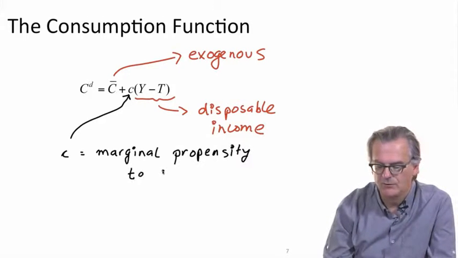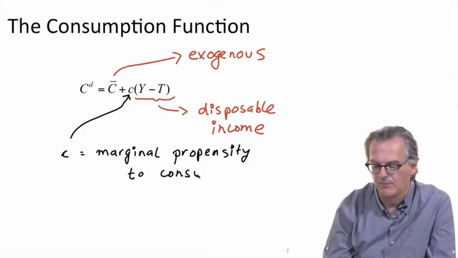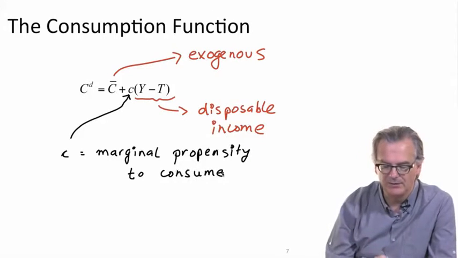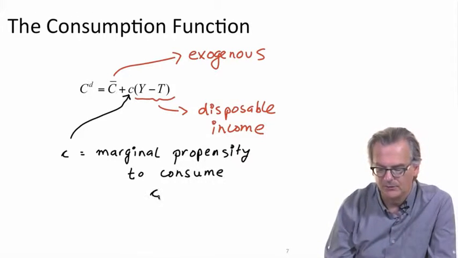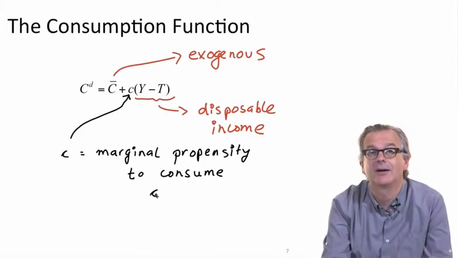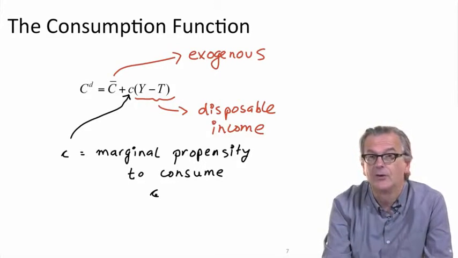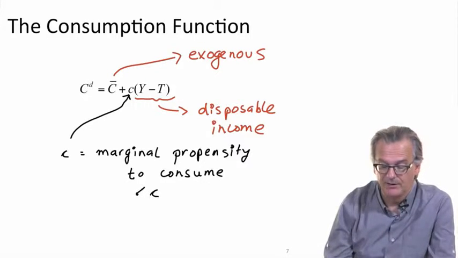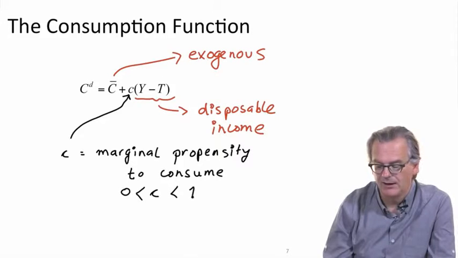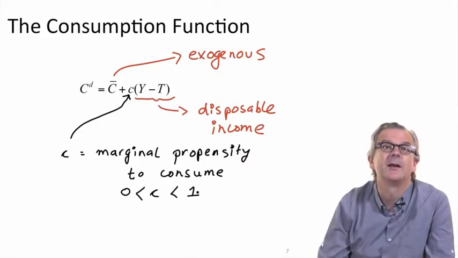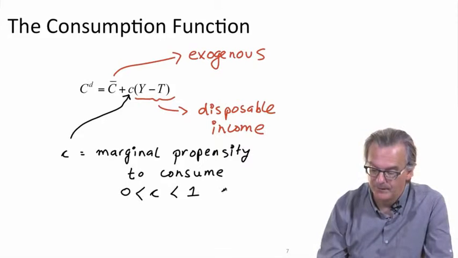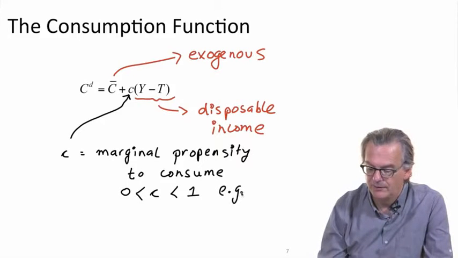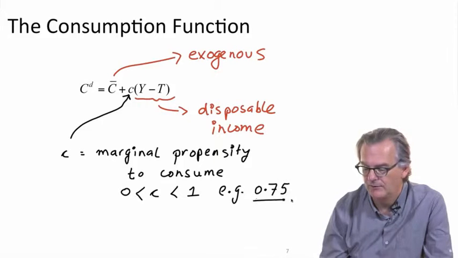I'll explain exactly what that means in a moment, but first I just want you to note that what we're actually talking about is a number. So lowercase c is actually representing a number, but there's a restriction on what values that number can take. It has to lie somewhere between 0 and 1. And a typical value might be 0.75.